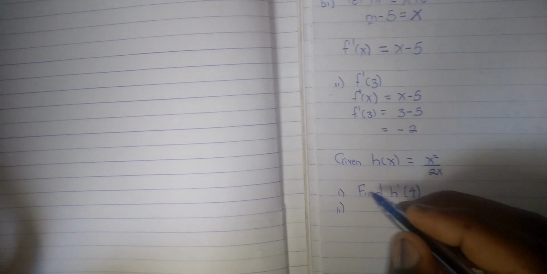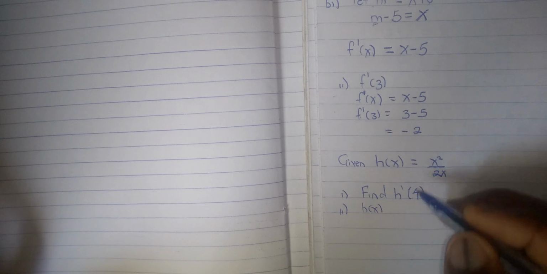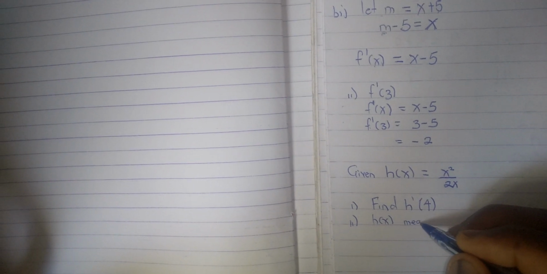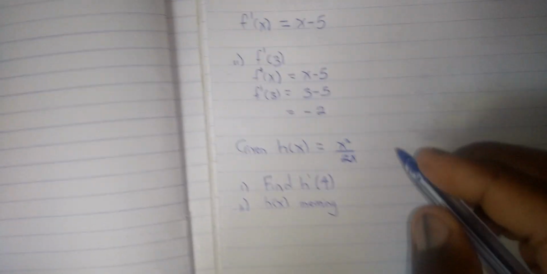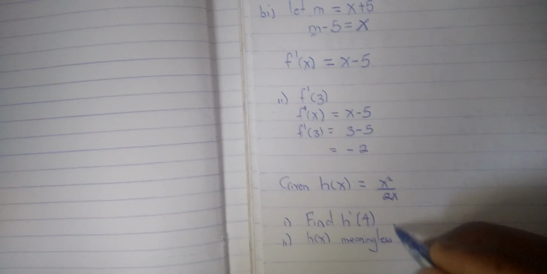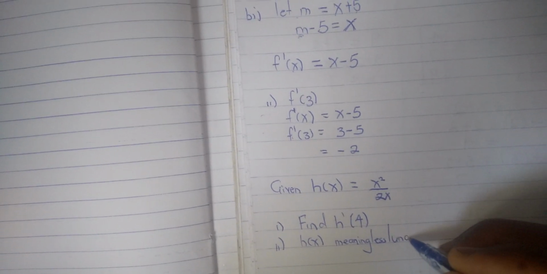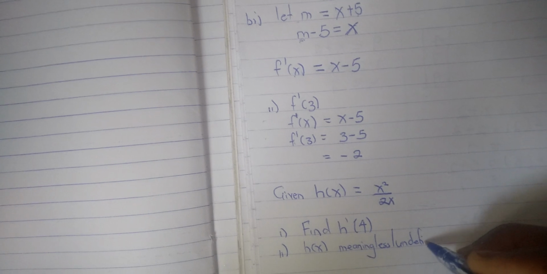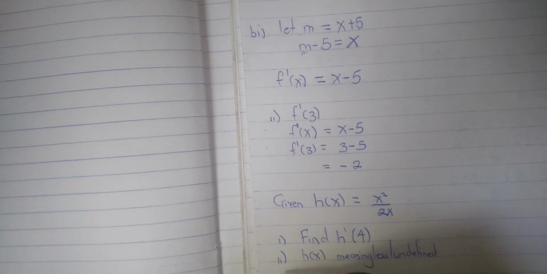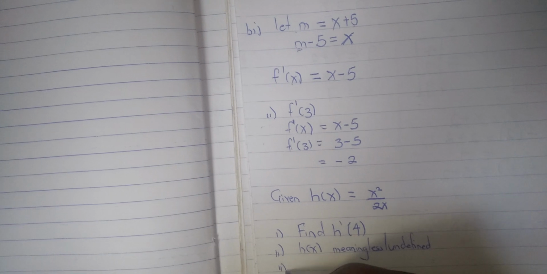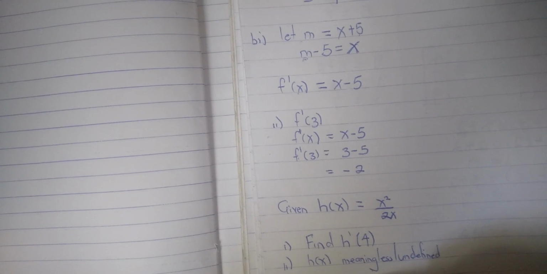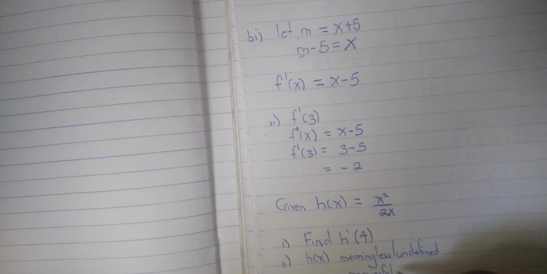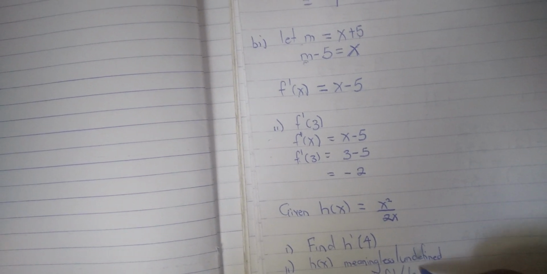Roman numeral number 2, find h of x for which the function is meaningless. Another term they can use, they can say undefined. As well, knowing numbers, they can tell us meaningful, or defined.